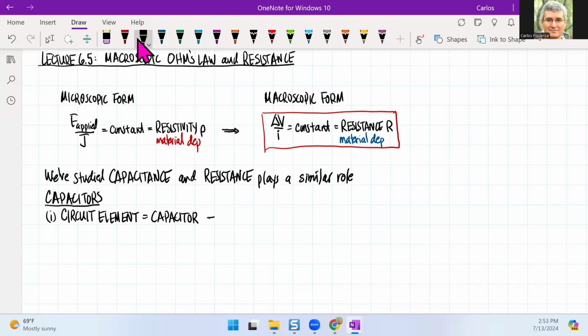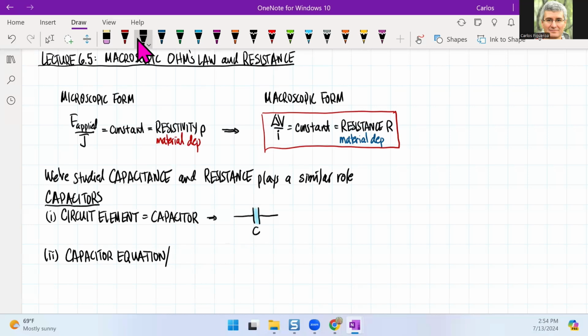And then symbolically, we drew it as two parallel plates, of course, with the dielectric inside. So this here is our capacitor with capacitance. Then we had our law, which we call the capacitor equation, but it's the law of capacitance. So this is the capacitance equation.